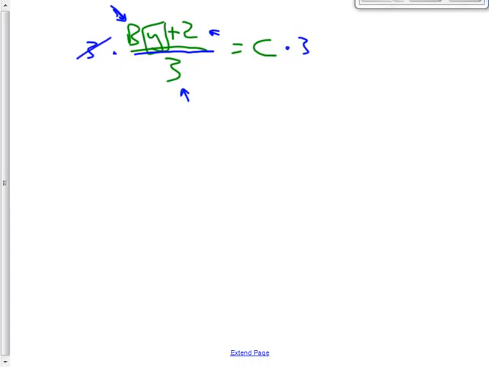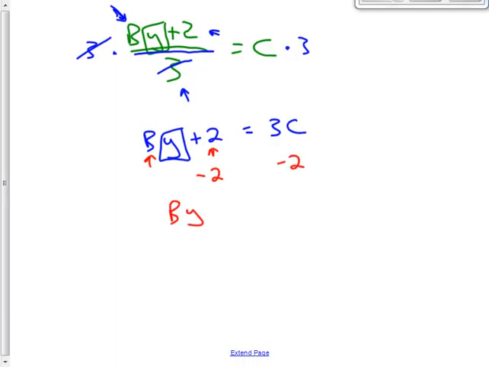So if you think of how much you hate fractions, get rid of the fraction first. 3 times c on the right-hand side is 3c. So I still have the y here. I need to get rid of the b still, and I need to get rid of the plus 2. Well, the plus 2 is the next thing to go. So I get by is equal to 3c minus 2.